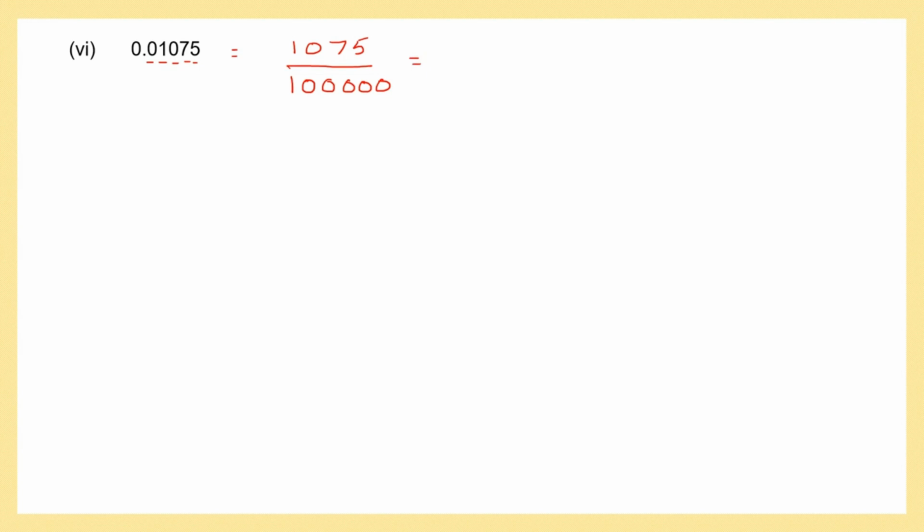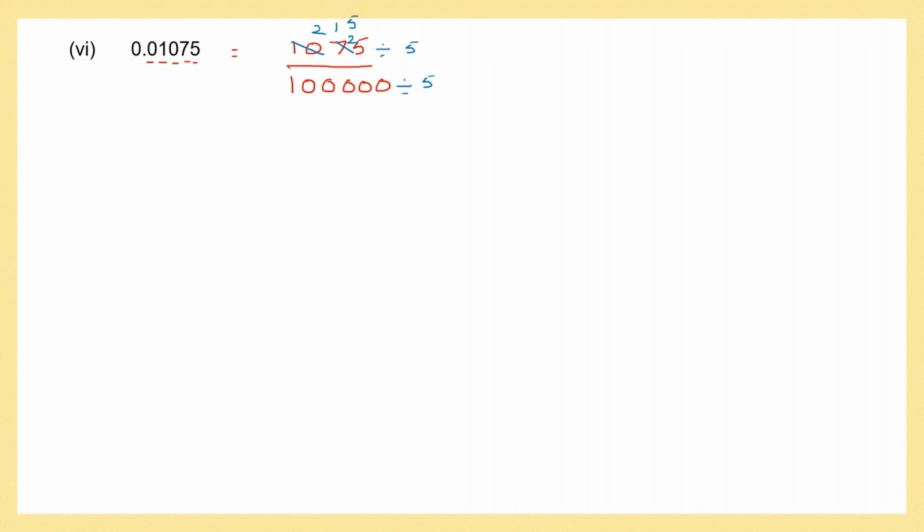Both are divisible by 5. So let me divide both by 5, the numerator and the denominator. Okay, 5 twos are 10, 5 ones are 5, 5 fives are 25, 215.